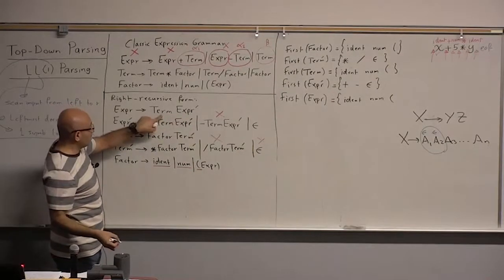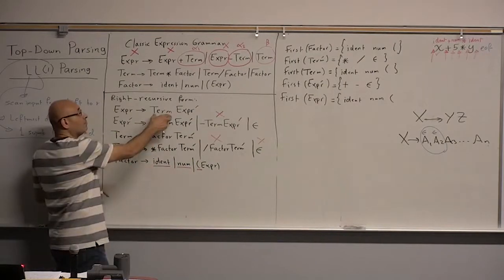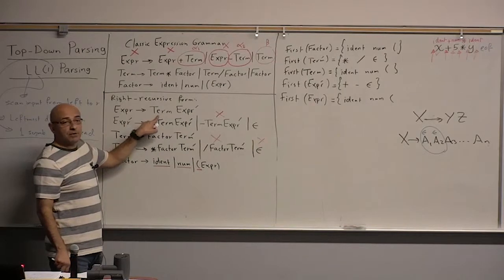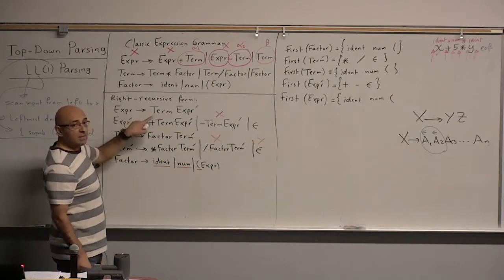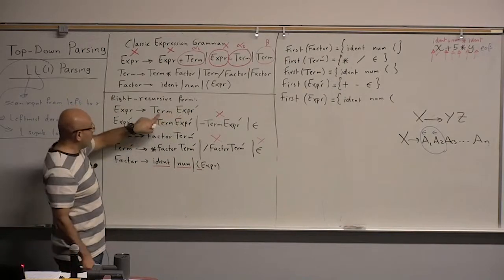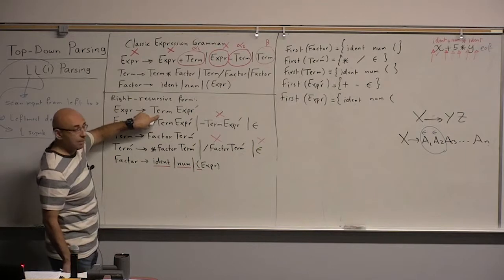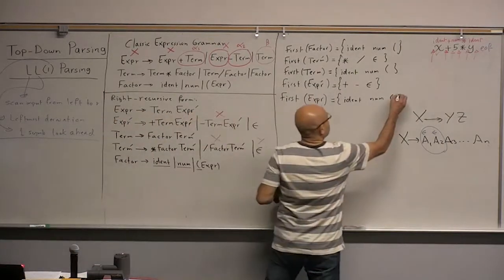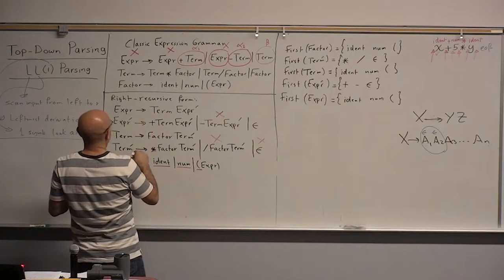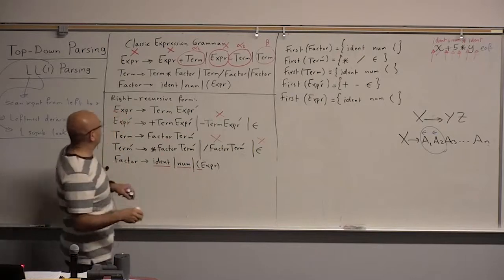No, because epsilon does not appear in the first set of term, so there is no way of bypassing term. You cannot substitute an epsilon for term, so an expression must start with a term. An expression cannot start with expression prime, because epsilon does not appear in the first set of term. Okay, so this is all we need for first sets.